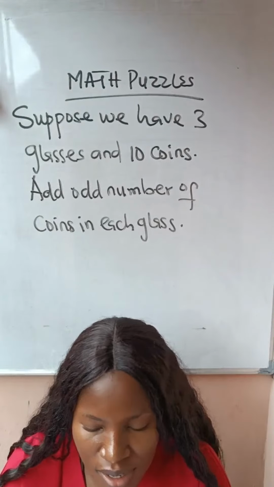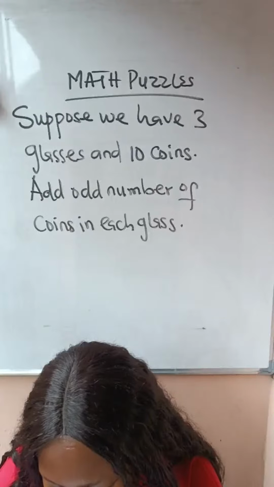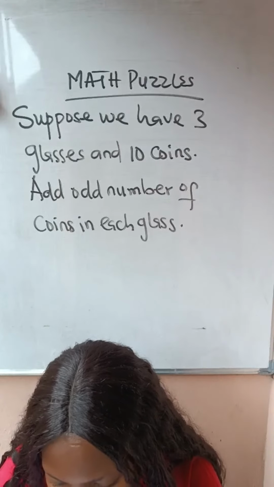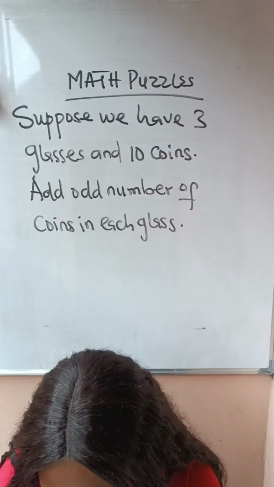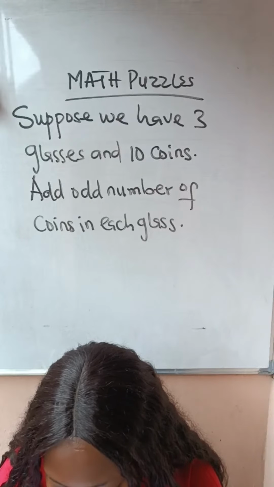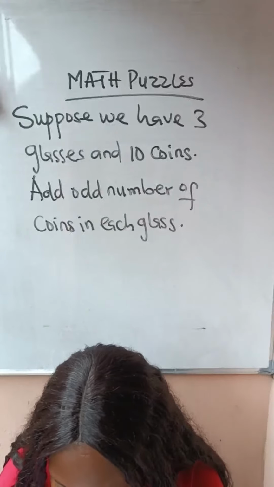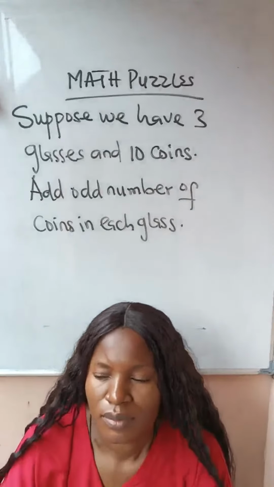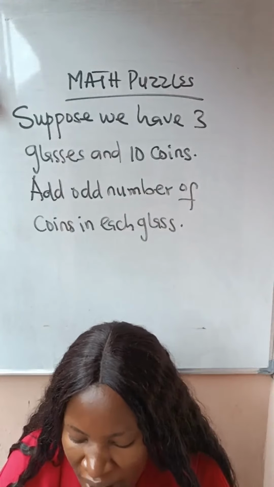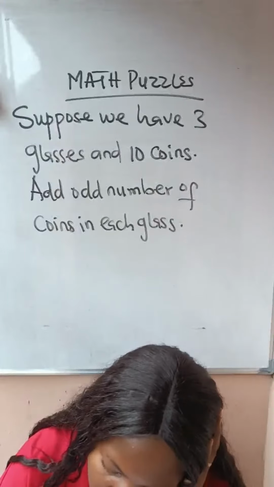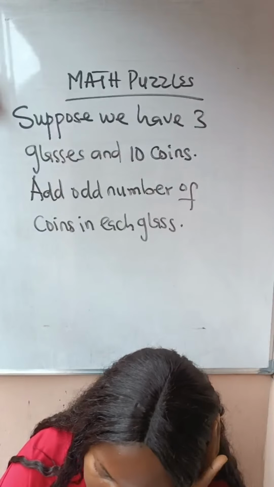Remember that each of the three is supposed to have an odd number of coins. Let every glass have 3. If every glass has 3 coins, there will be 1 remaining.